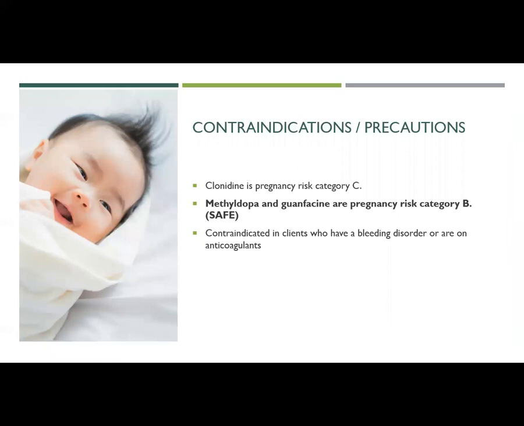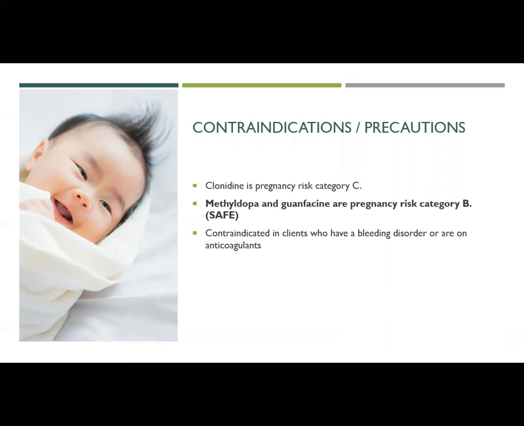So some of your contraindications: clonidine is pregnancy risk category C. Methyldopa and guanfacine are pregnancy risk category B. So methyldopa is actually okay for mama. The reason I bring this up is because as we continue this lecture, you're going to see that a lot of these drugs are very dangerous to mama.